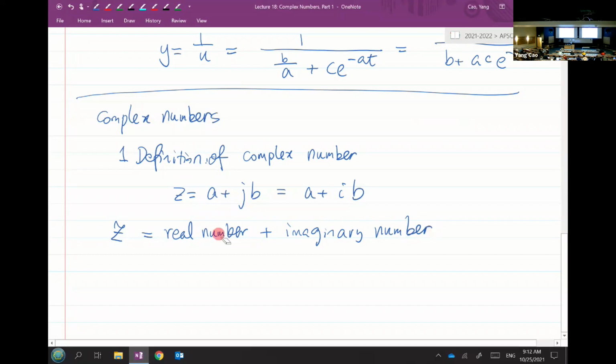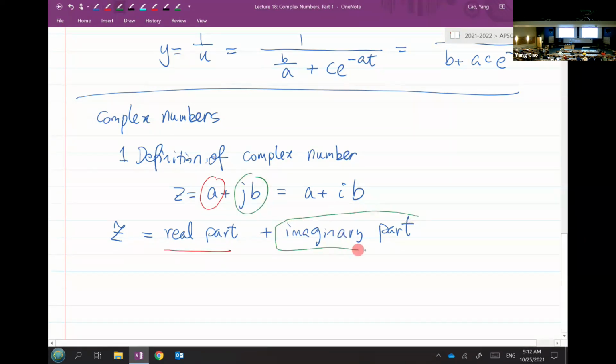Or maybe I should call these the real part and the imaginary part. This a here is the real part. This jb here is the imaginary part. The writing can be equivalent.